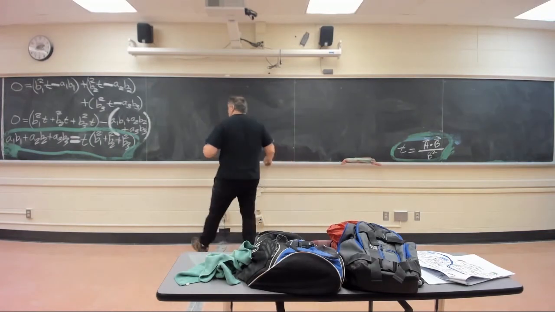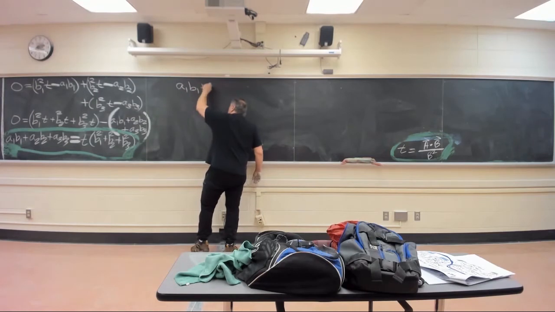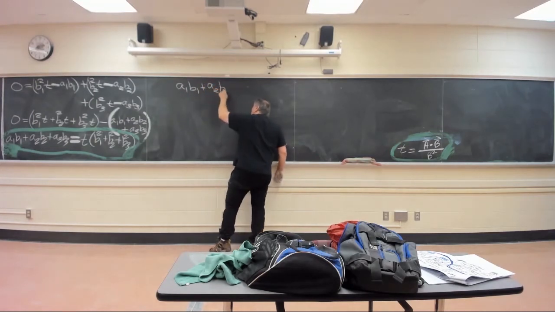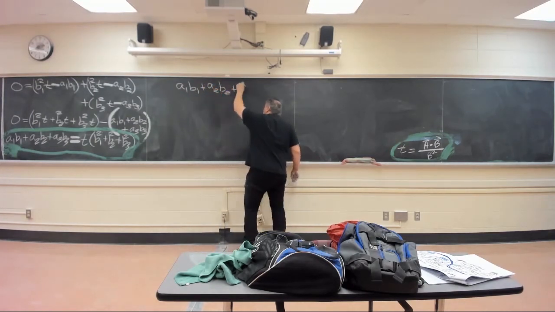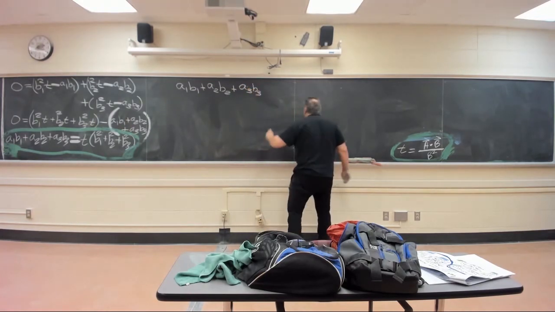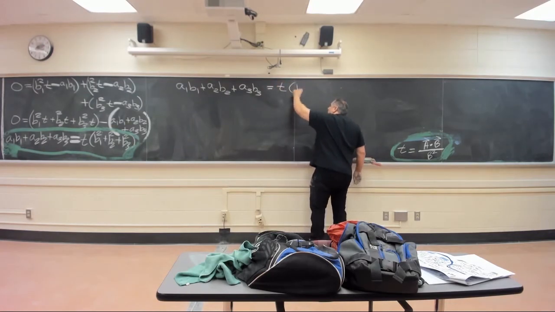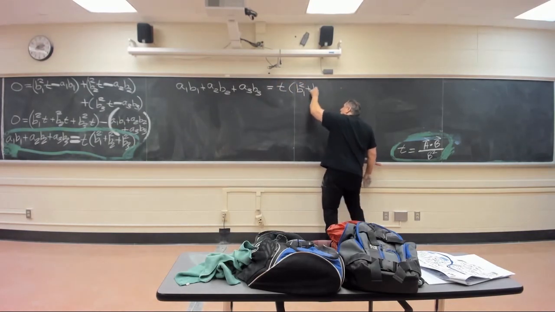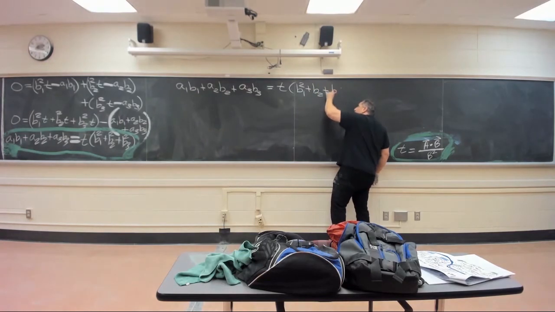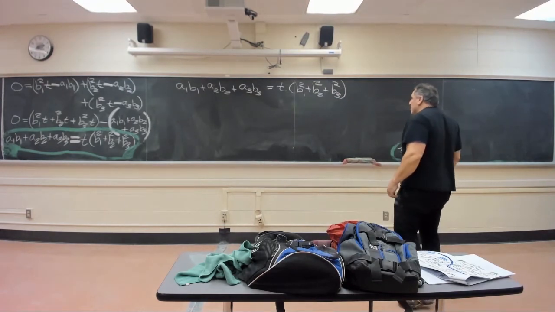So let's do it again. A1B1 plus A2B2 plus A3B3 equals T, B1 squared plus B2 squared plus B3 squared. Great.